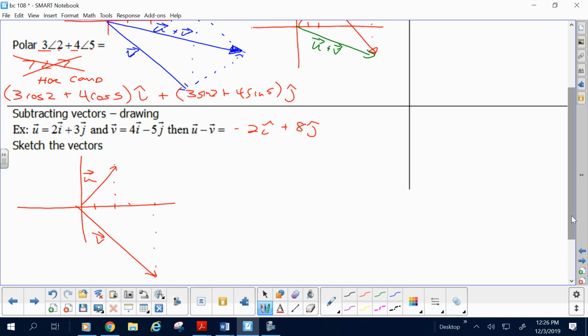Now I'm going to span the gap to show u minus v. The question is, where does the arrow head go? Do I go from v to u or from u to v? Which of these would represent left 2, up 8? From v to u. This here, that's u minus v.